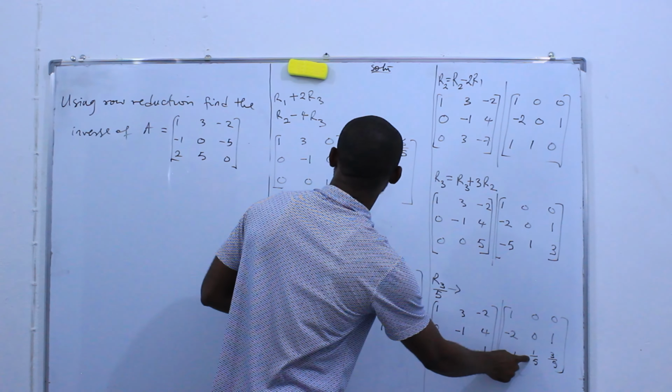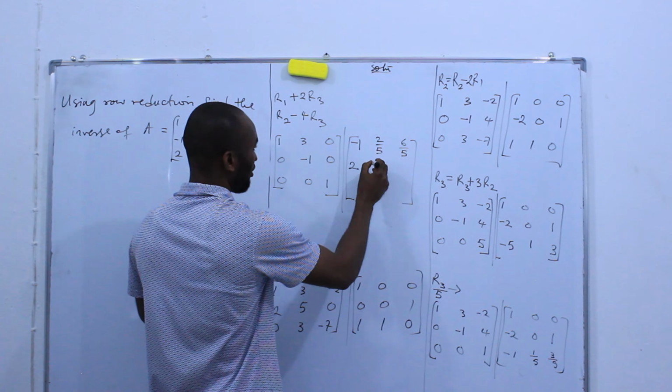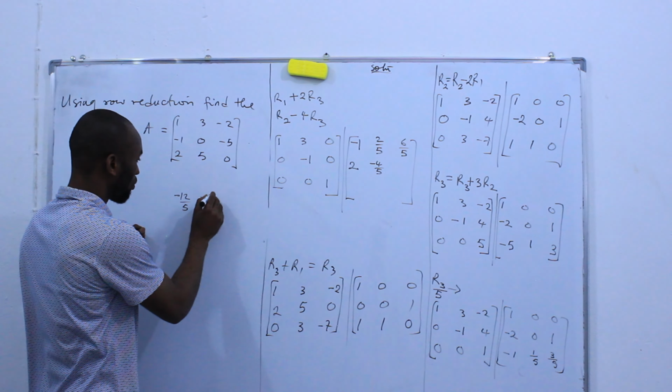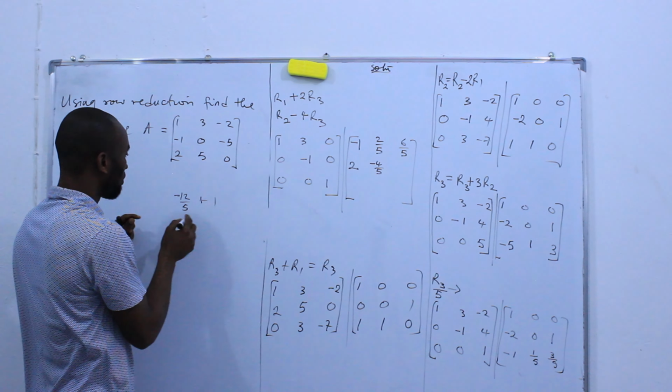Multiply by minus 4, add, you have minus 4 over 5. Multiply by minus 4, you have minus 12 over 5. Minus 12 over 5 plus 1 will give us minus 12 plus 5 over 5, which is minus 7 over 5. So here is going to be minus 7 over 5. And then we have the matrices, minus 1, 1 over 5, and 3 over 5.